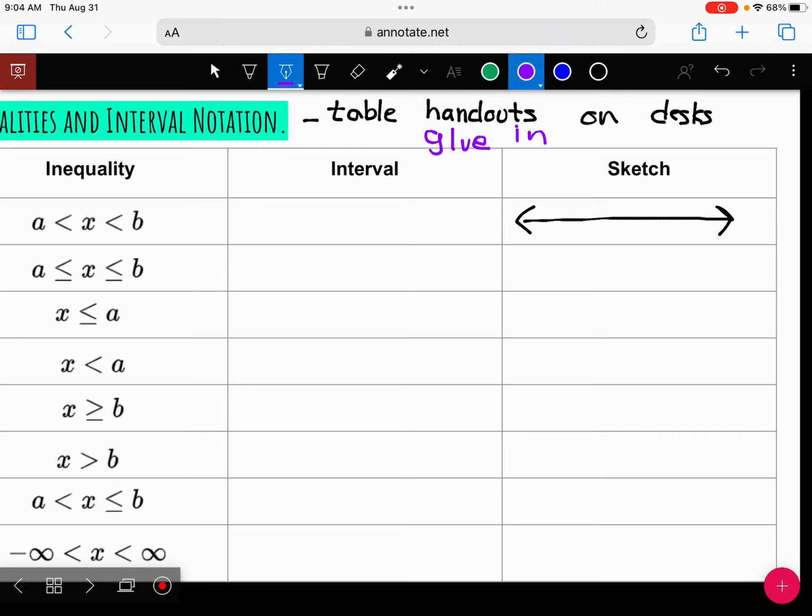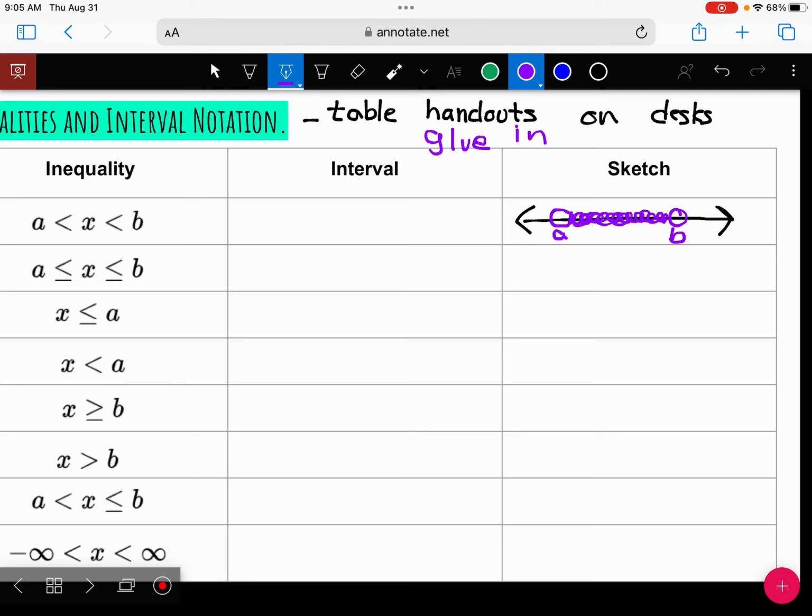So when we have something like this where A is less than X is less than B, what we're saying is that my solutions to whatever my inequality are between A and B. But it cannot be A and it cannot be B, right? Since it doesn't have an equal sign, that's when we use our open circles. This is like an Algebra 1 thing, so it may be like way back on the shelves and we have to dust it off and bring it back forward, right?